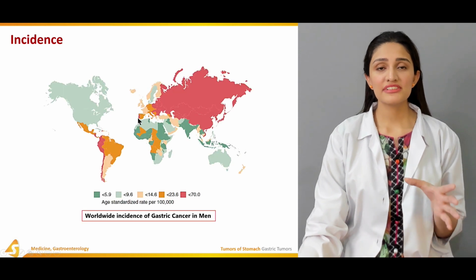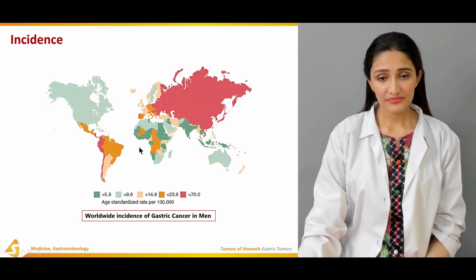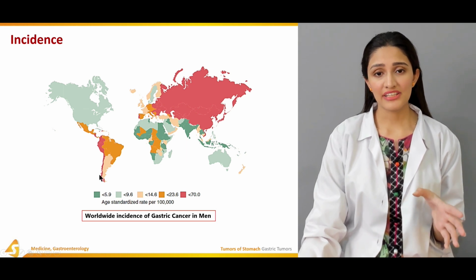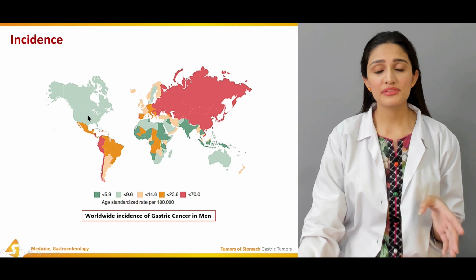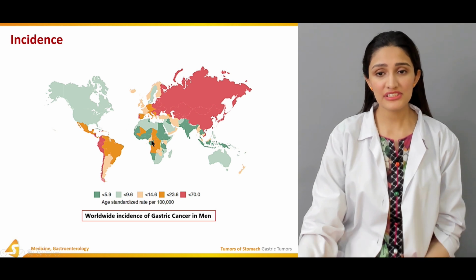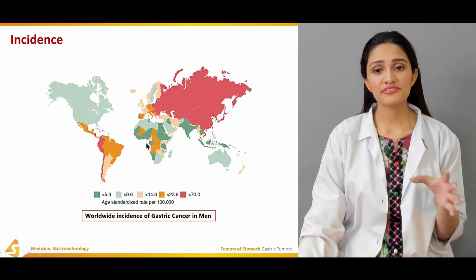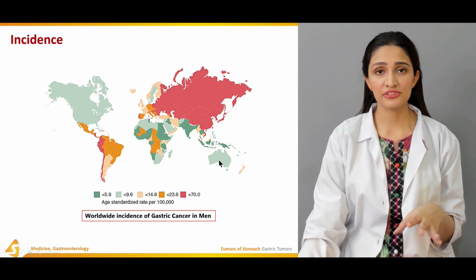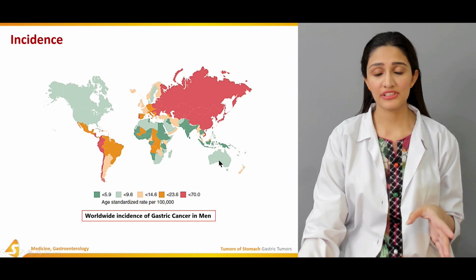So if we talk about the incidence around the world, as you can see, the least incidence of gastric cancer is around North America and the Canadian countries. Other than that, parts of Africa also have a very low incidence, and Australia has a low incidence of gastric cancer.